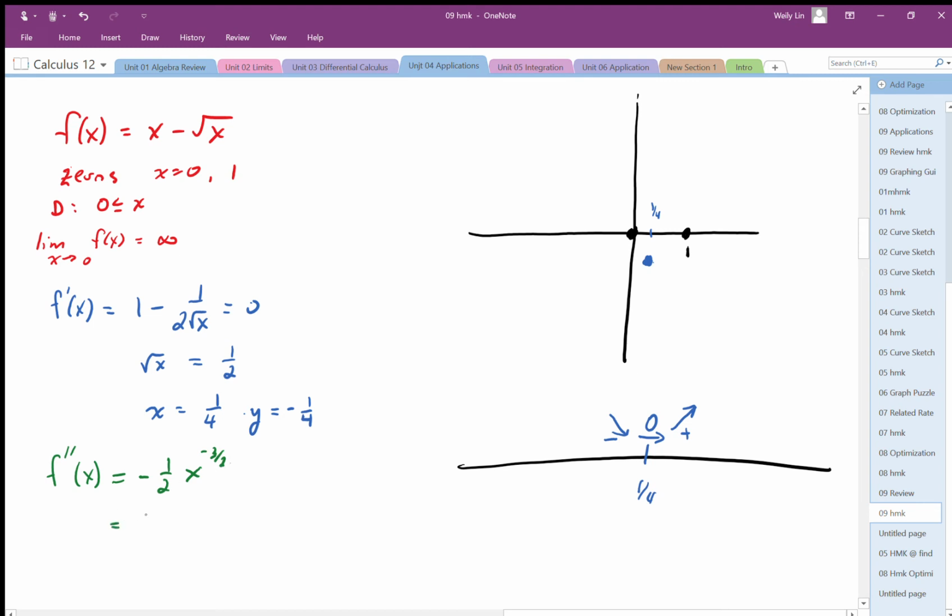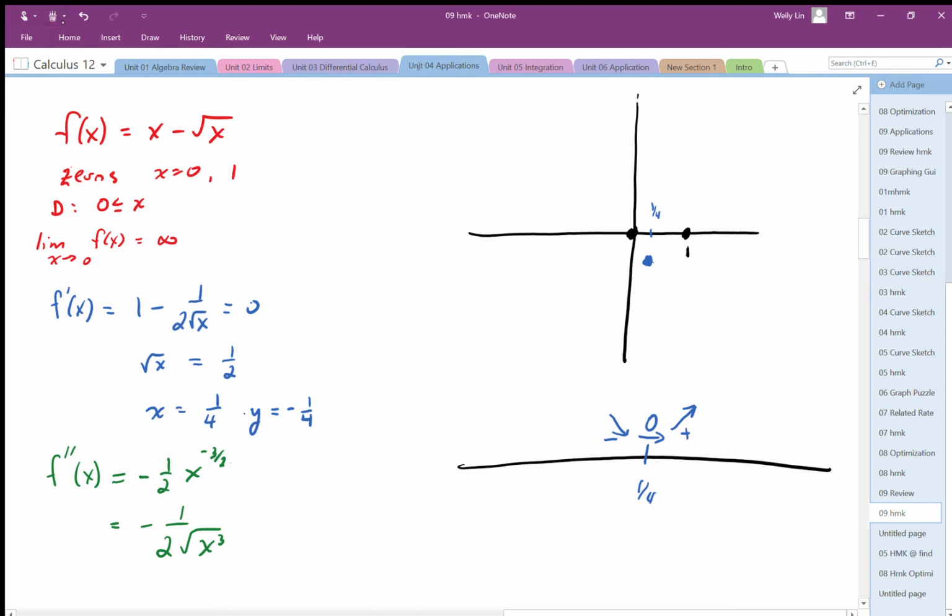So this is -1 over 2 square root x cubed. This is always going to be negative. Just double checking here, -1/2 derivative. Oh, sorry, I forgot that. That's going to be 1/2.